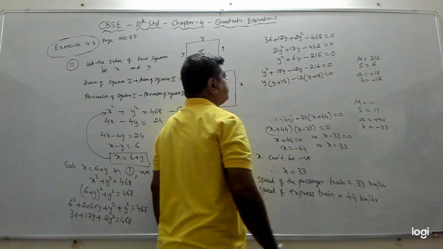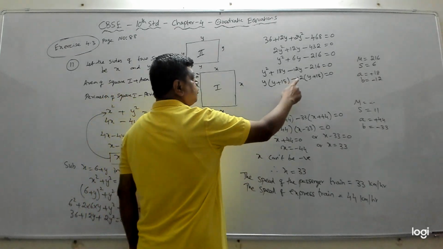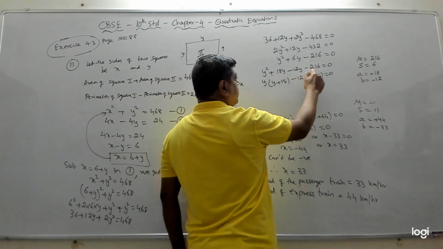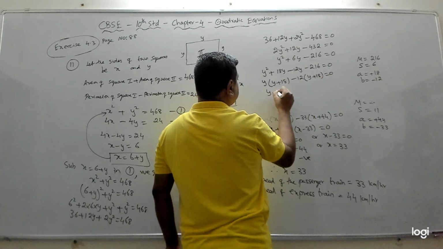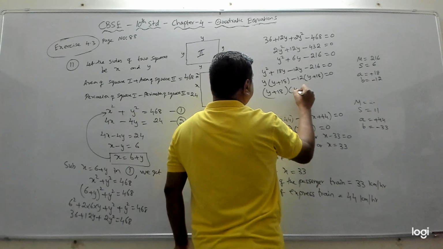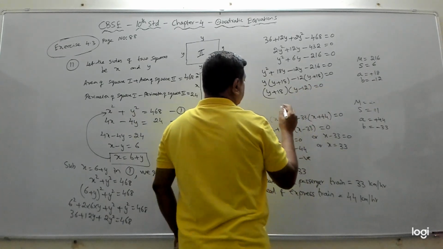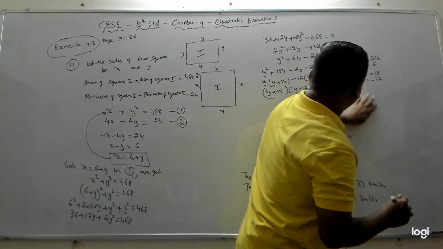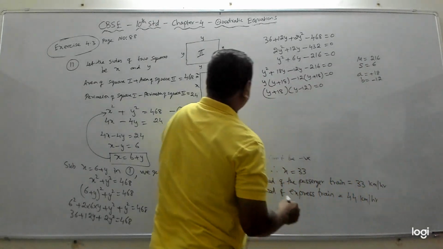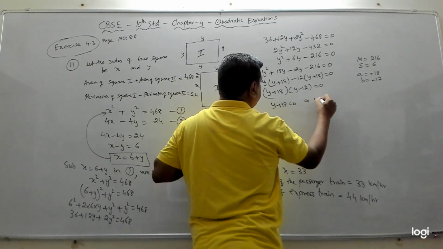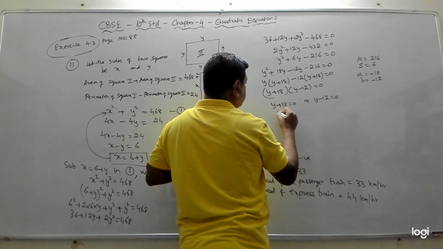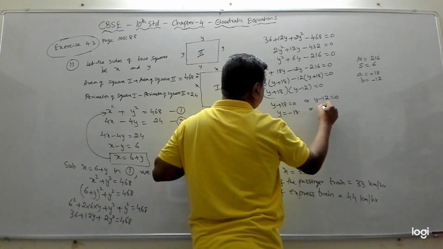If you take minus 12 from this, you are dividing minus 216 by minus 12, and you'll get plus 18. Now again y plus 18 is common, we'll get y minus 12 equal to 0. So which gives us either y plus 18 equal to 0 or y minus 12 equal to 0, which means y is equal to minus 18 or y is equal to 12.